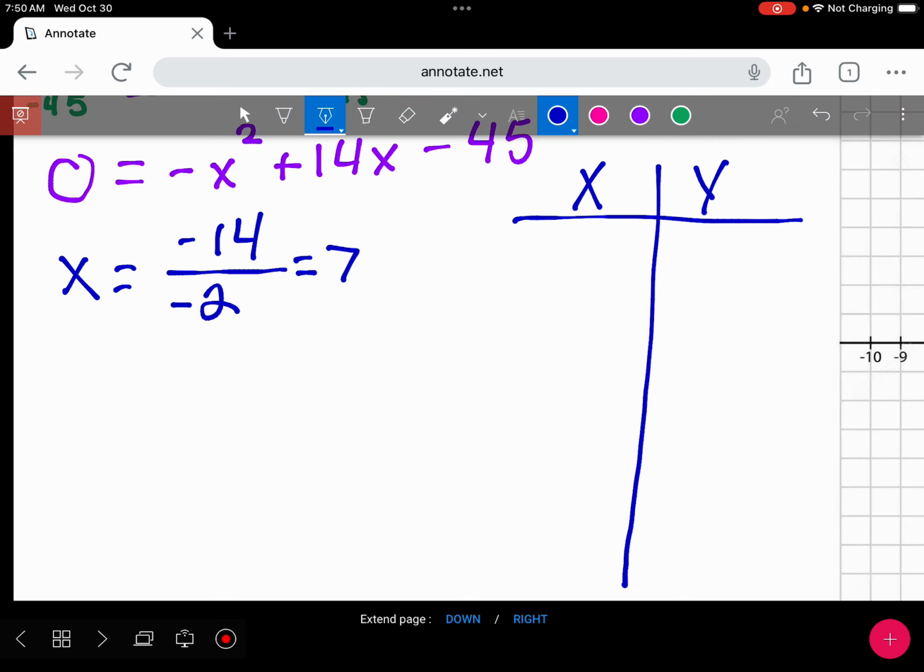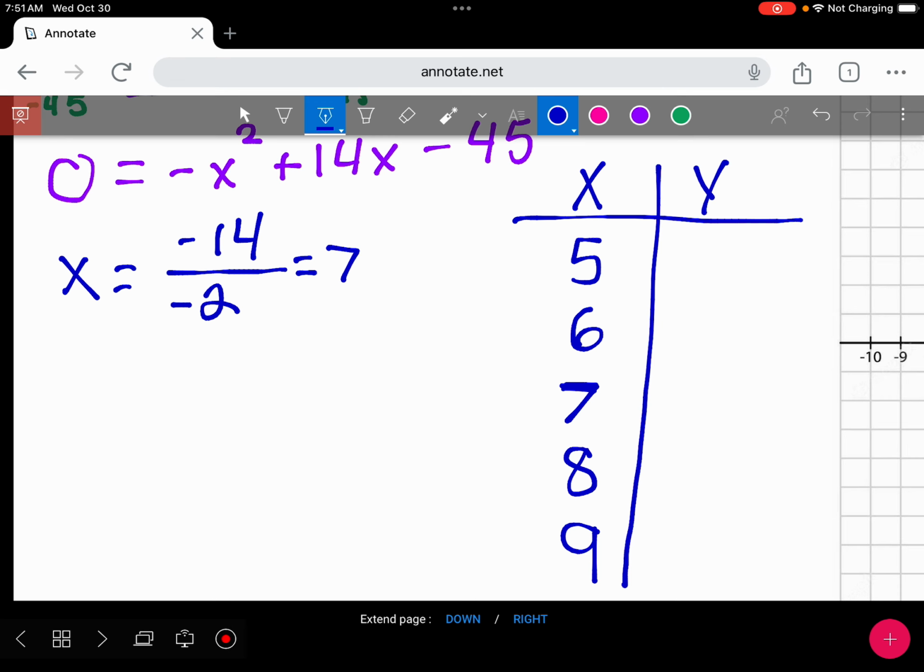So that 7 goes in the middle of our axis. I want some bigger and some smaller. Bigger than 7, we can use 8 and 9. Smaller, we can use 6 and 5.